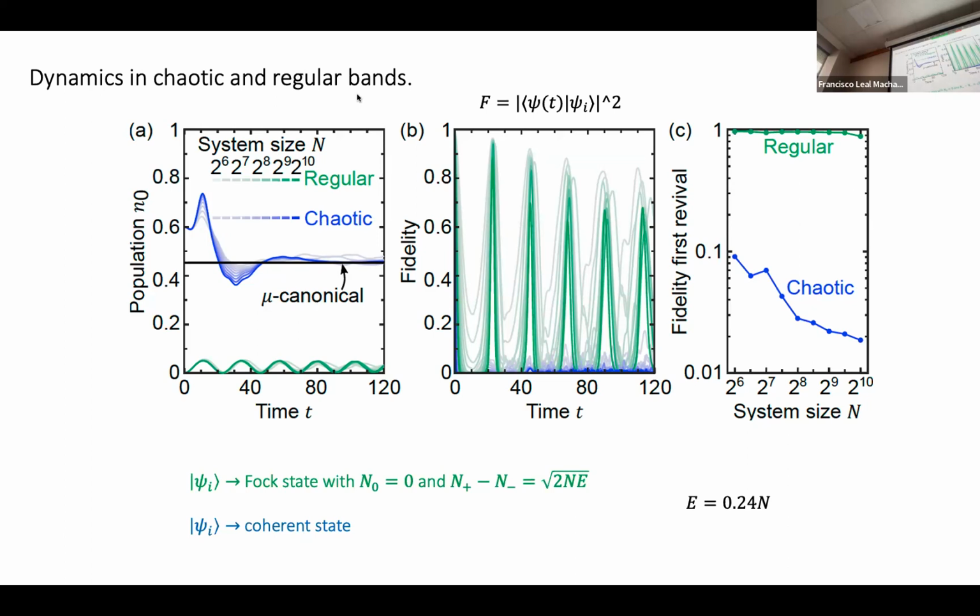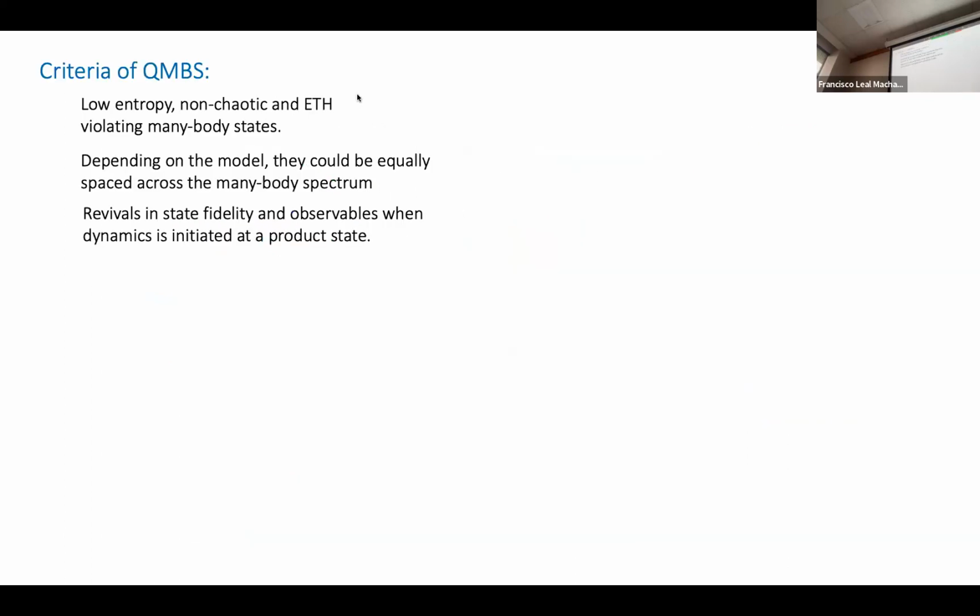This is in contrast with a state that overlaps with the chaotic band. You can see that this kind of dynamics will thermalize to the microcanonical ensemble prediction, and there will be no revivals.